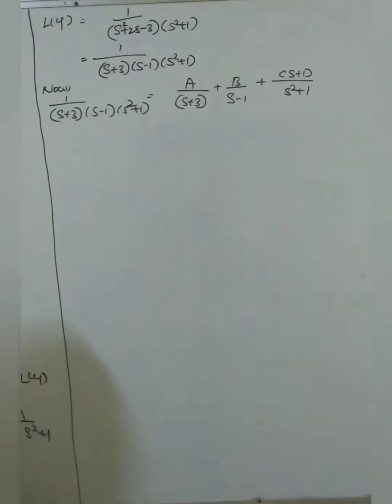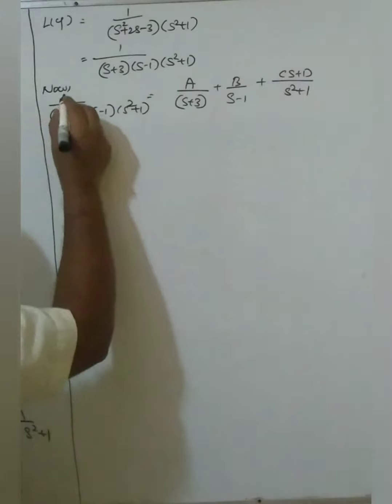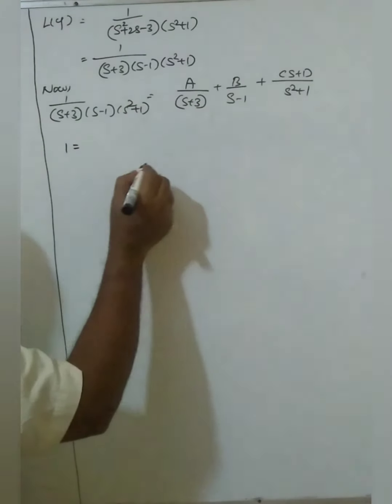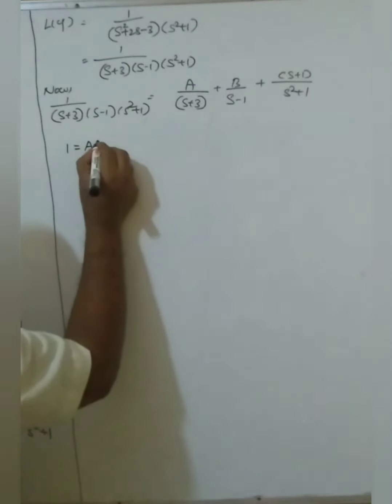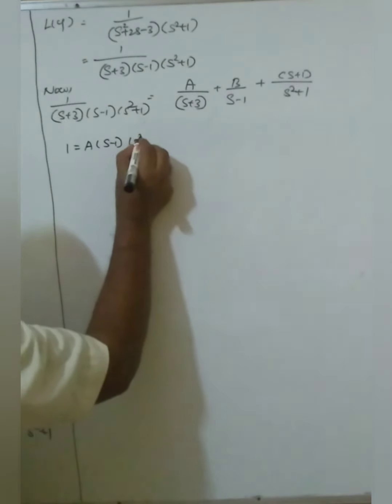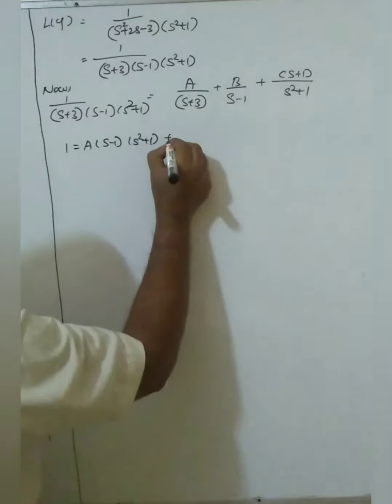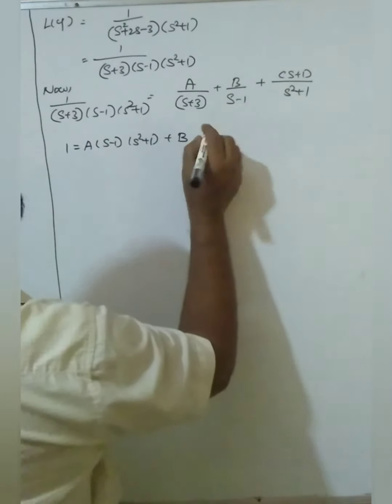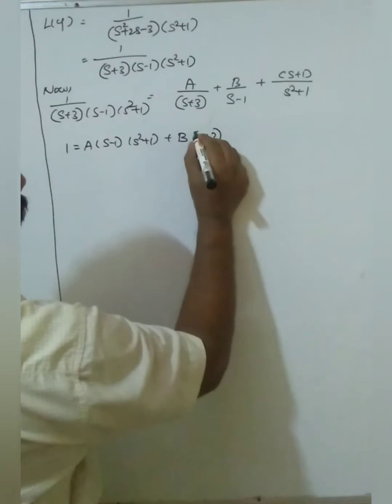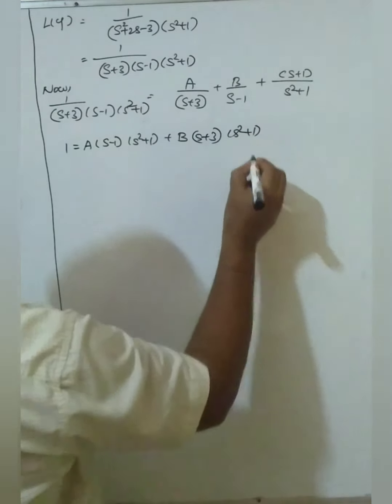Now taking the LCM, the numerator value is 1 equal to: except this term, that is this and this, a into s minus 1 into s square plus 1, plus b into the remaining part, that is b into s plus 3 into s square plus 1.